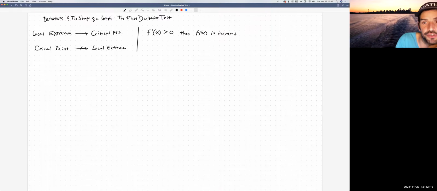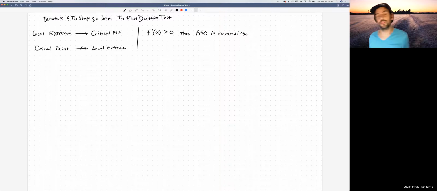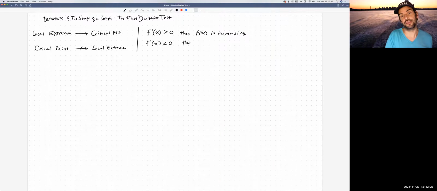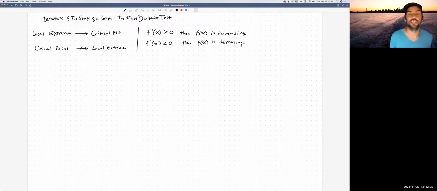So if you have an interval where the derivative is positive, then the function's increasing over that interval. And in a similar way, if the value of the derivative is negative, the function must be decreasing, right?